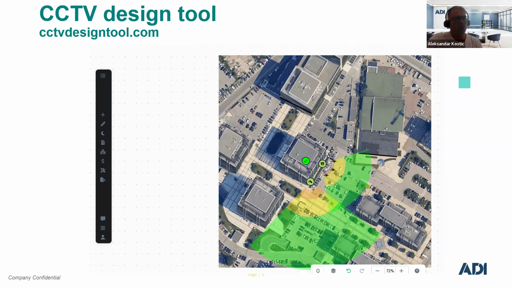You also have all the information regarding the network part of the camera, because when we speak about IP cameras, we also have tightly linked the design of the network part of the cabling, network switches, and how everything is interconnected. So I can show you how that tool looks.